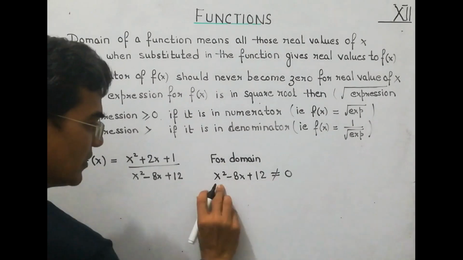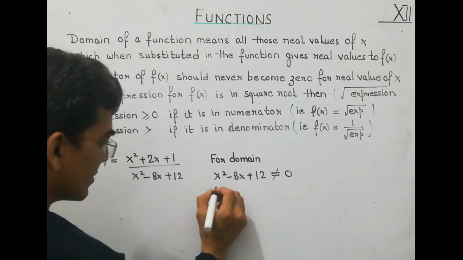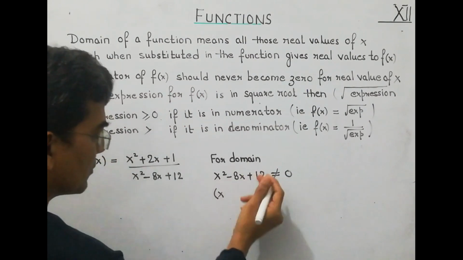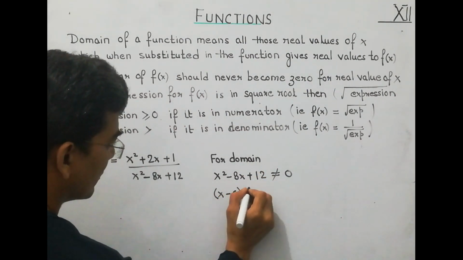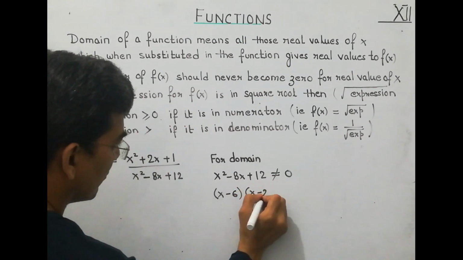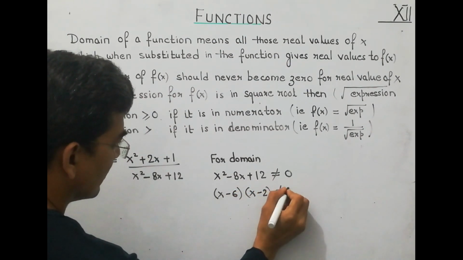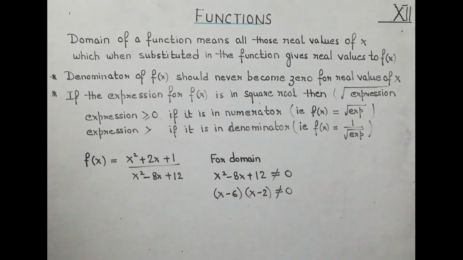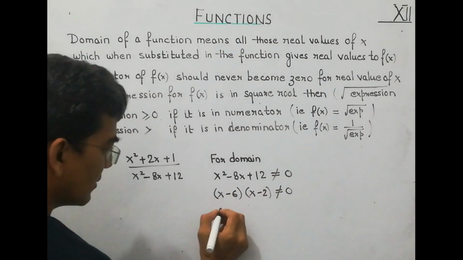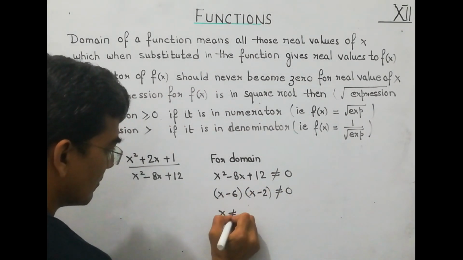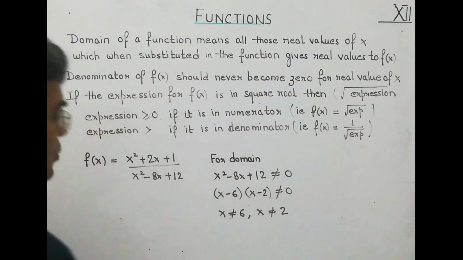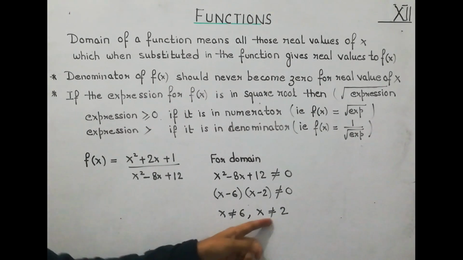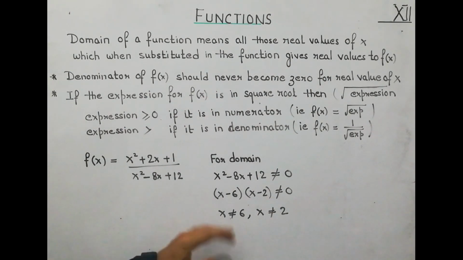Okay, so let's see, the quadratic you can factorize. You're getting these two factors, equating each one to 0, so we are getting these two values of x which can make the denominator 0.